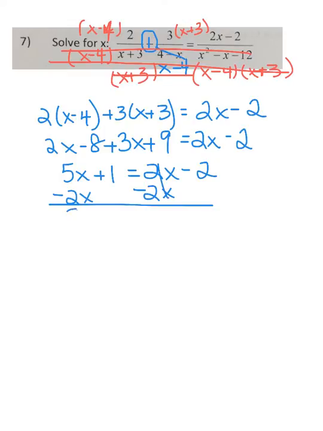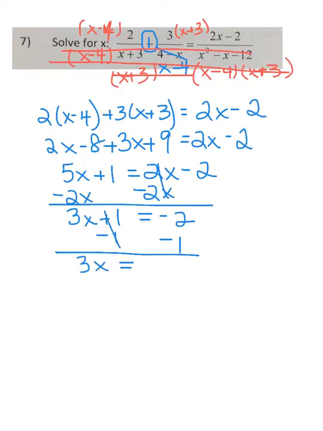And that's going to give me 3x plus 1 equals negative 2. I'm going to subtract 1 and subtract 1, which will give me 3x equals negative 3. Lastly, let's divide by what's in front of the x. And I have x equals negative 1.